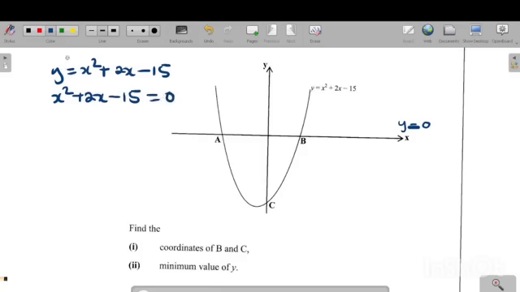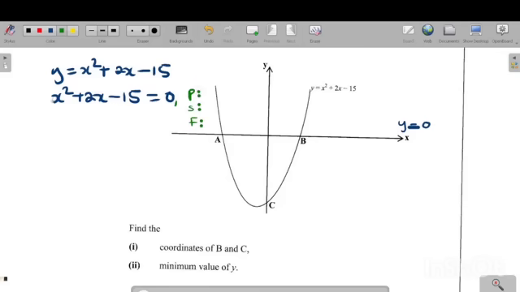Right. So at this stage, there are actually many ways you can use to solve this quadratic equation, but in this video, we'll use the factor method. So with the factor method, first of all, you need to find the product, the sum, and the factors, okay? You need to find these.